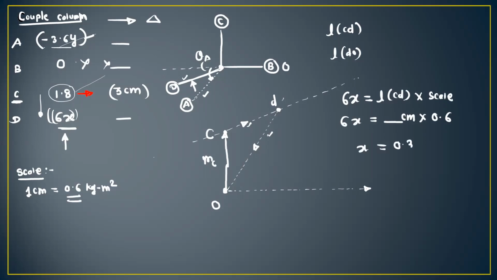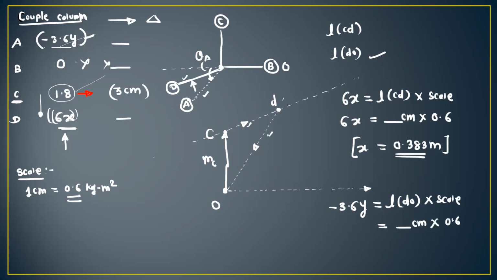So this value is 0.383 meter. And the second value, which is for mass A. So this vector, it is parallel to mass A. So measure the length DO and then write minus 3.6 y. So this is equal to length DO into scale. So again, find out the length DO in centimeter.